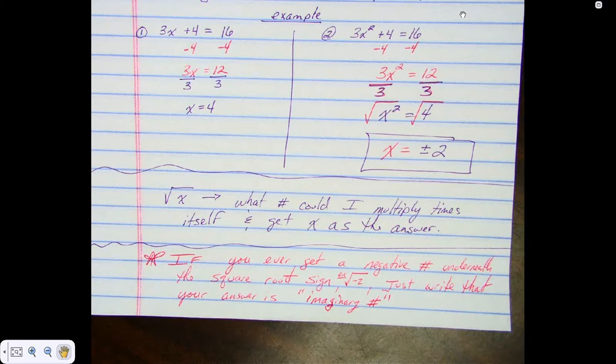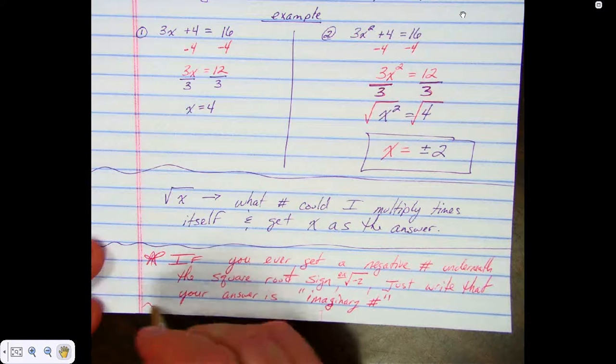So if you get a negative number underneath the square root sign, not outside of it, but underneath it, for now, all I want you to write on there is the answer is an imaginary number. And we will get back into imaginary numbers in the future. But I do want you to recognize that you can't have a negative underneath the square root sign and get a real number as an answer. Okay, there will be one problem like that.